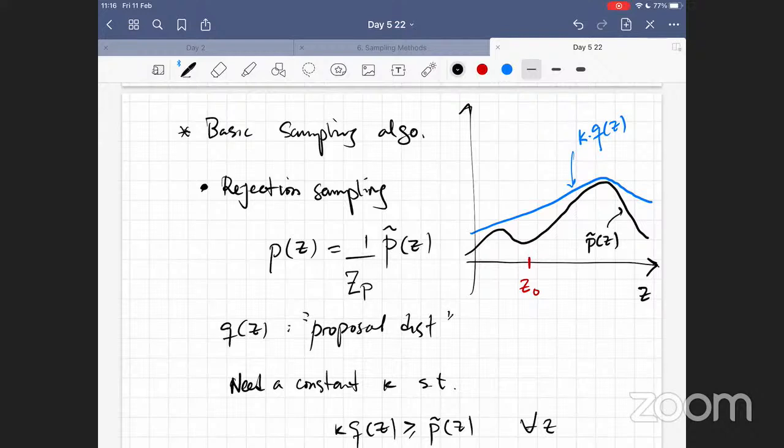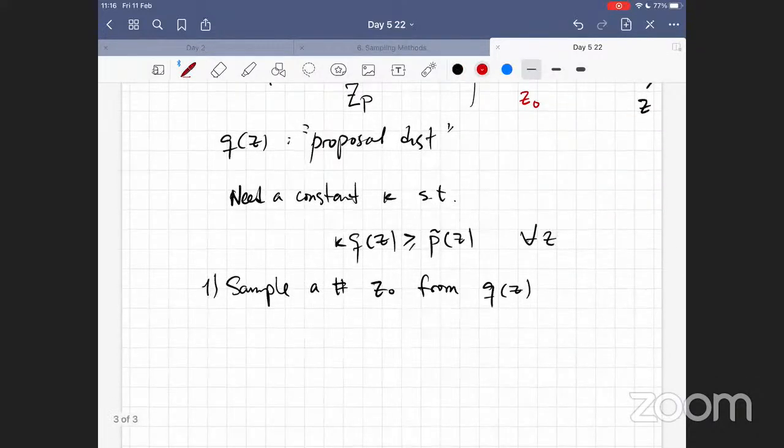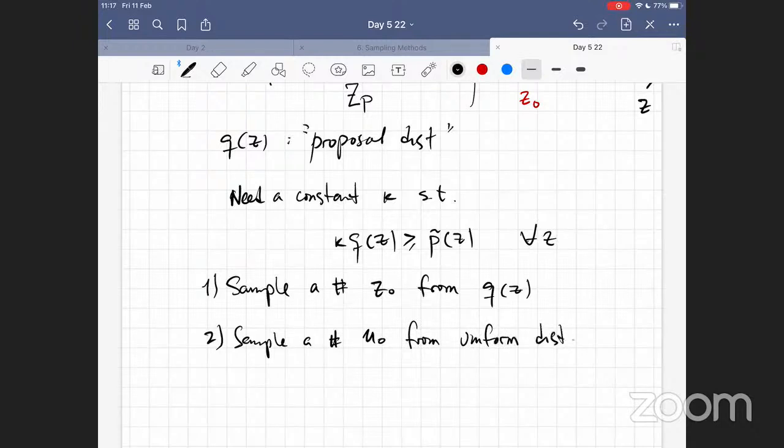And then, as a second step, I sample a number, let me call it U0, from the uniform distribution in the range 0 to K times Q of Z0.